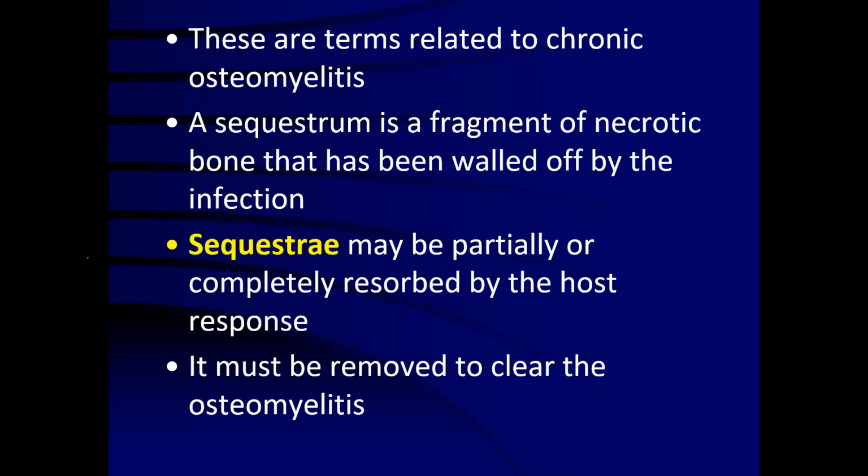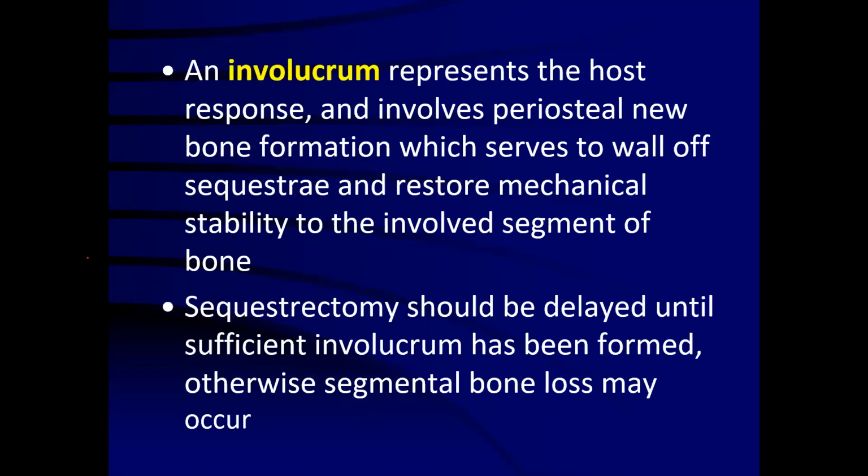These are terms related to chronic osteomyelitis. A sequestrum is a fragment of necrotic bone that has been walled off by infection. Sequestrum may be partially or completely resolved by the host response, especially in children, and it must be removed to clear the osteomyelitis.